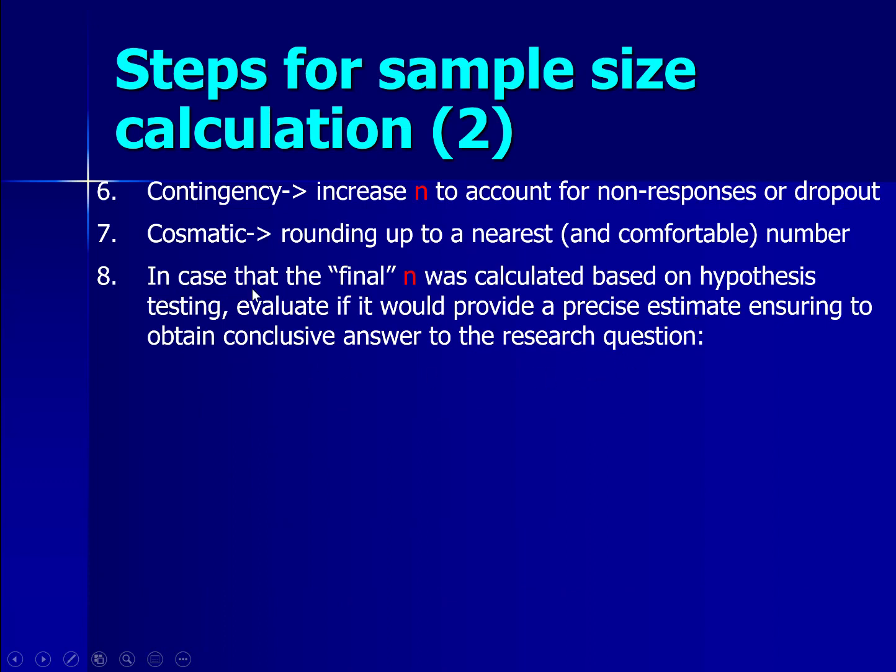In case the final sample size was calculated based on hypothesis testing, the formula involves the z beta. We need to evaluate whether it would provide a precise estimate that ensures a conclusive answer to the research question.